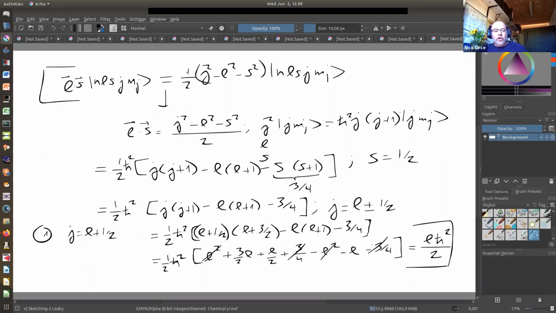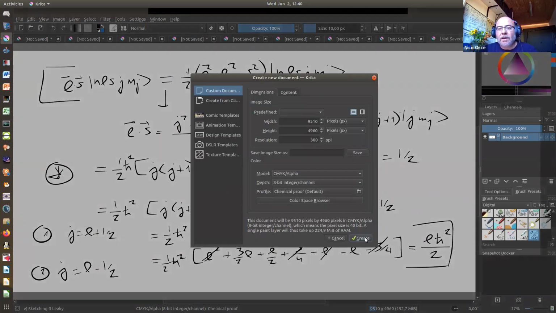Right. So then the second possibility will be j equal l minus 1/2. And then here we are going to apply the same thing. Basically, this is our general formula here. Well, we can calculate it. You can do the same thing, but let's calculate it quickly because I don't know the result off the top of my head.